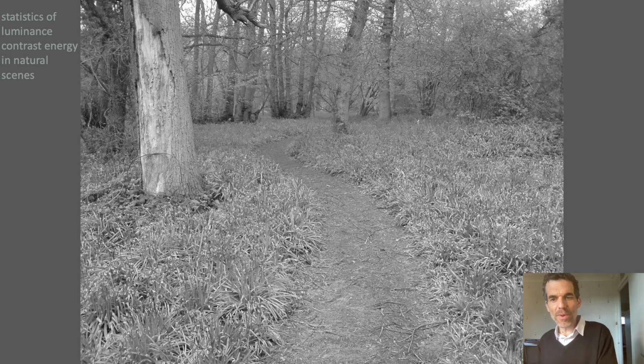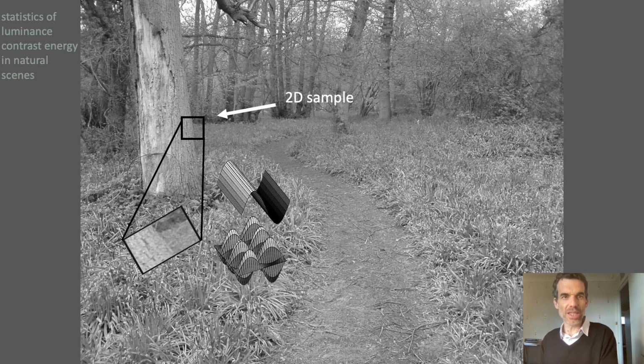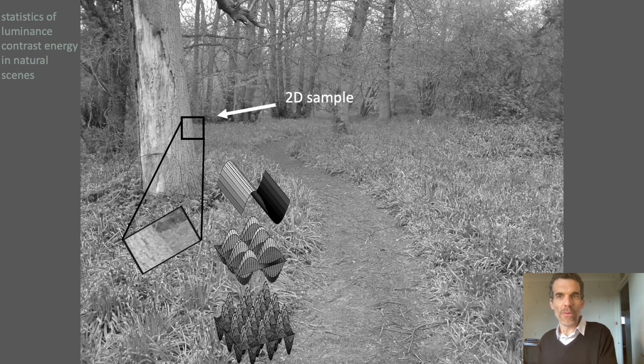So we can improve on that by considering the two-dimensional structures of images. In the same way as you can decompose a one-dimensional signal into a sum of simple sinusoidal signals of different spatial frequencies with Fourier analysis, you can do the same for signals that have undulation in 2 dimensions.